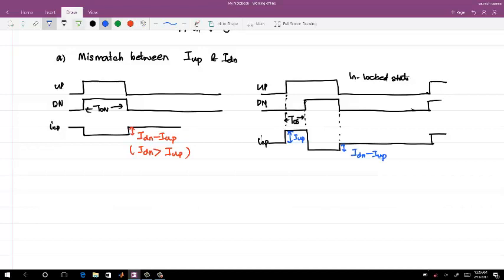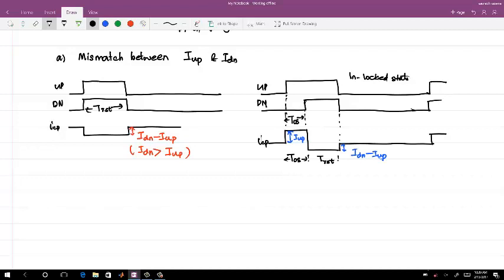So this time period is T offset, and this one is T on, or T reset period, whatever we have. So let me just call this now the T reset period. Let's change this to T reset because that helps understand the PFD behavior.